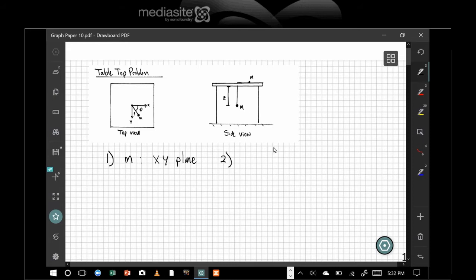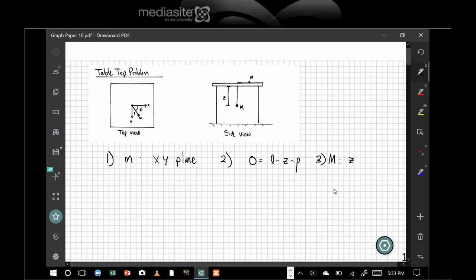If the total length of the string is L, then I get an equation of constraint that says 0 is equal to L minus z minus rho. So that means that the distance z plus rho must equal the length of the string. And the final constraint is that the mass big M moves only along z. It doesn't move in x or y. So those are my equations of constraint.